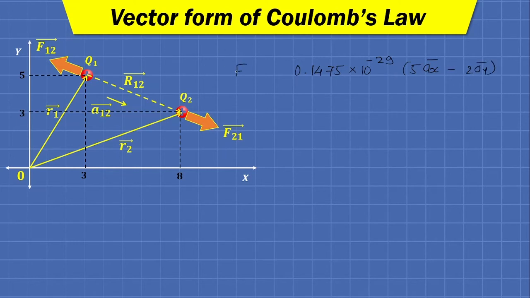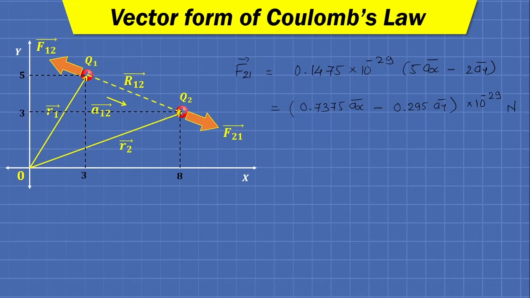This is the value of F21. Now multiplying this constant with these two base vectors, we will have 0.7375 ax bar minus 0.295 ay bar multiplied by 10 raised to minus 29 Newton.